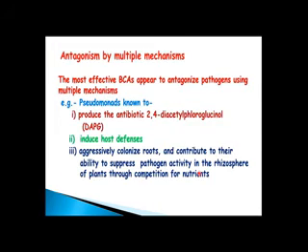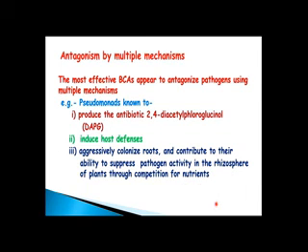And the most effective biological control agents appear to antagonize pathogens using multiple mechanisms. For example, a lot of pseudomonads produce DAPG, induce host defenses, and aggressively colonize roots, which contributes to their ability to suppress pathogen activity in the rhizosphere of plants through competition for nutrients.